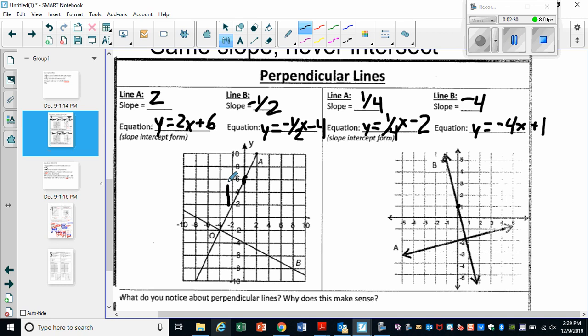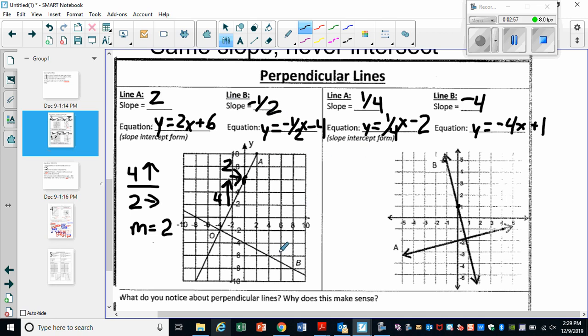We could have even done it here, up 4, and then right 2. So you have 4 up, 2 right. As a result, m equals 2.